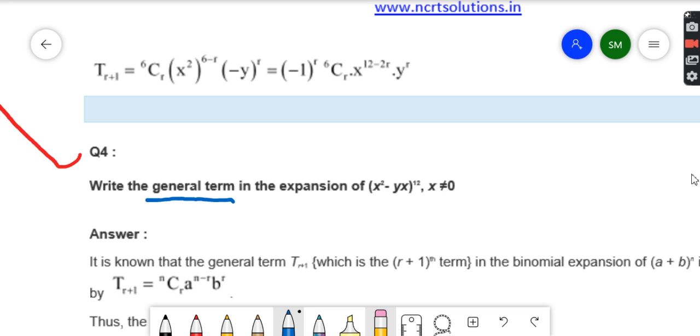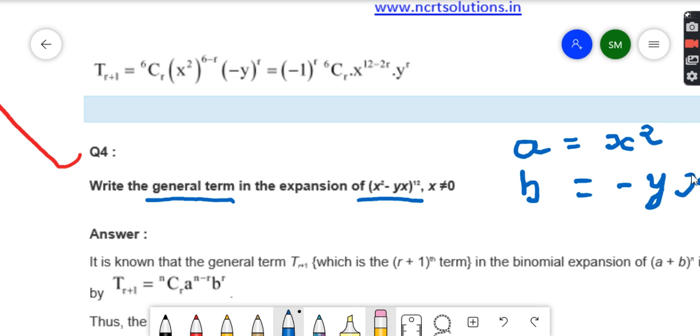Write down the general term in the expansion of x square minus yx raised to 12. If you observe here, a is equal to x square, b is equal to minus yx, and n is equal to 12.